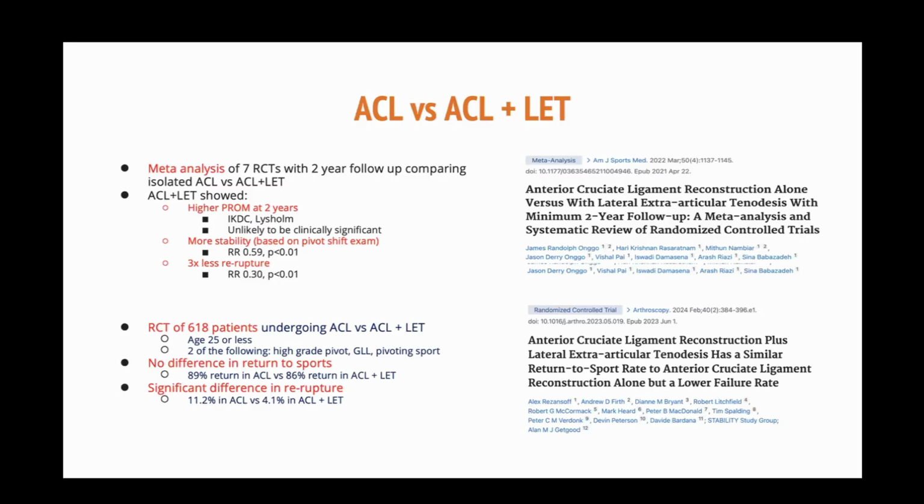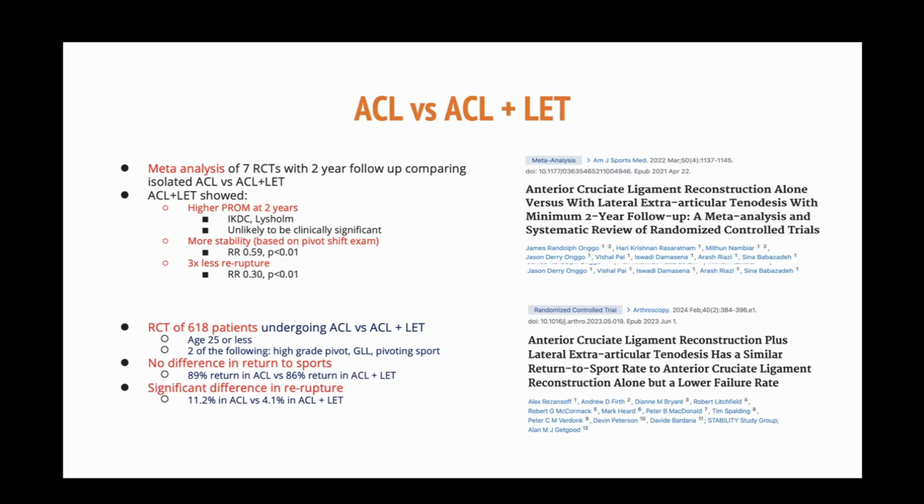Another one found that there's no difference in return to sport, but there is a significant difference in re-rupture. And those numbers from the RCT were 11.2% in ACL reconstruction versus 4.1% in ACL plus LET.